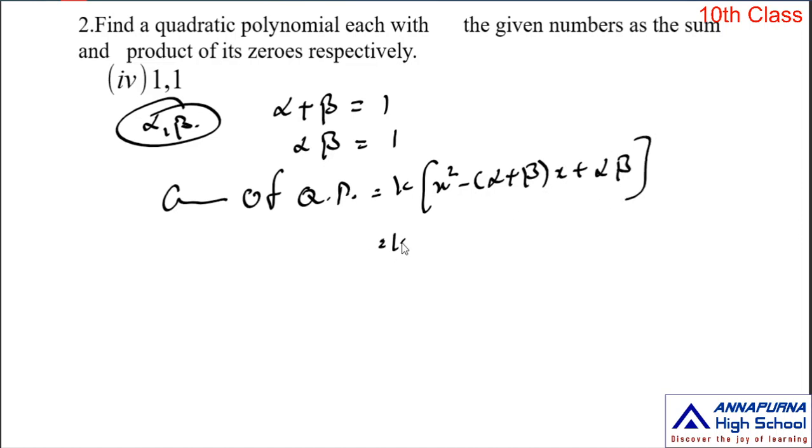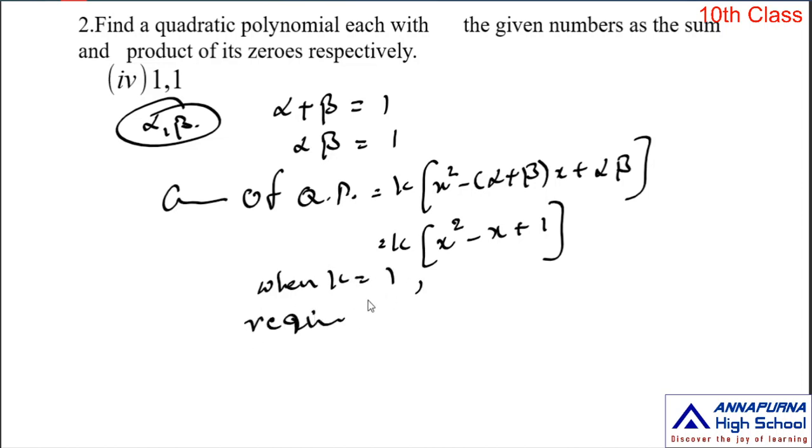It is equal to k into x square minus 1 into x plus 1. So here there is no denominator, so choose k is equal to 1. Required quadratic polynomial is x square minus x plus 1.